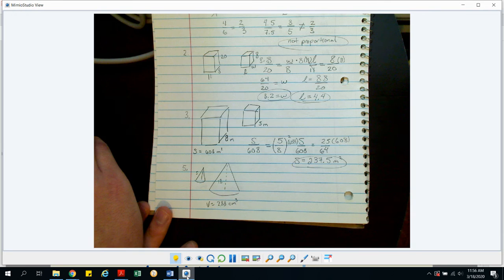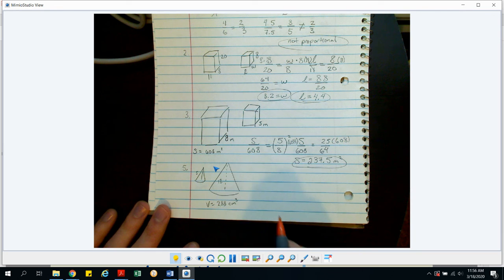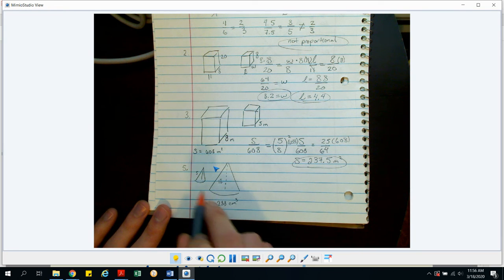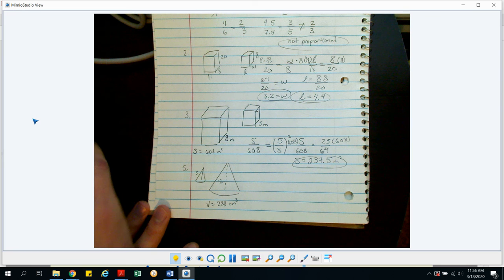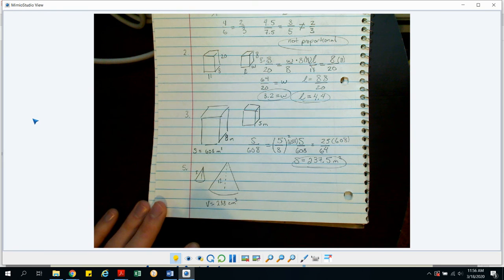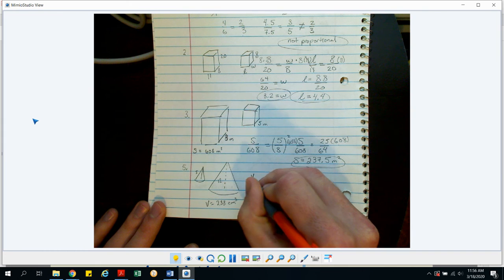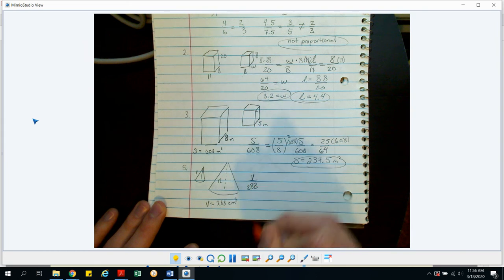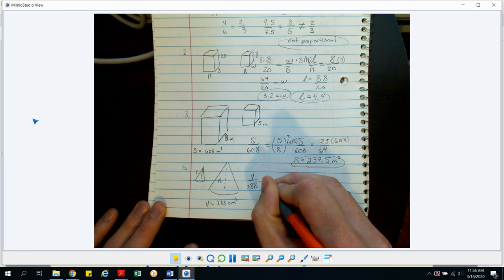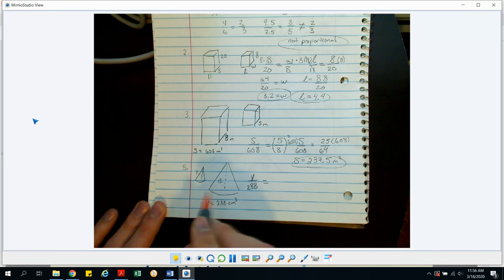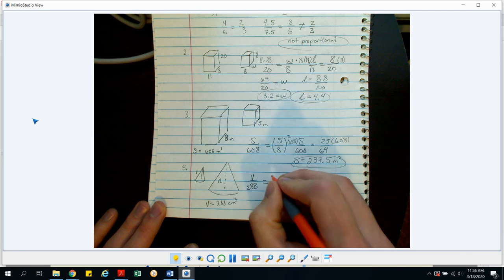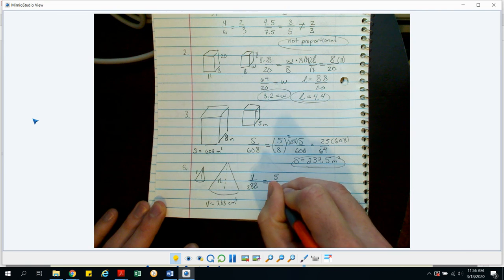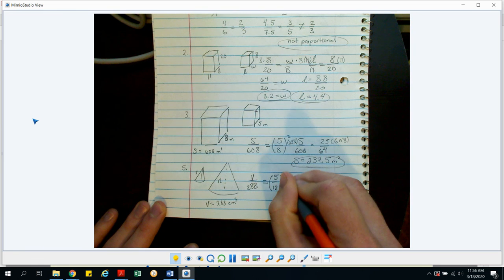We'll jump back to the document camera. So I know that these two cones are similar. So the volume of the unknown, that's V, over the volume of the known, 288, is going to be equal to the ratio of the linear dimensions, or linear measures, cubed because we're talking about, again, volume.